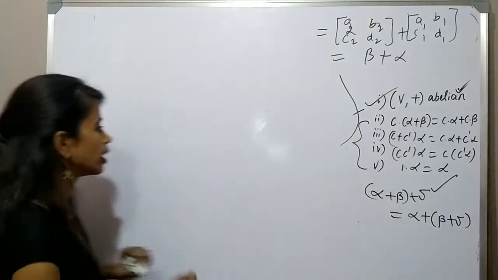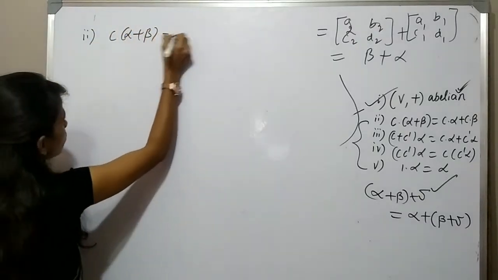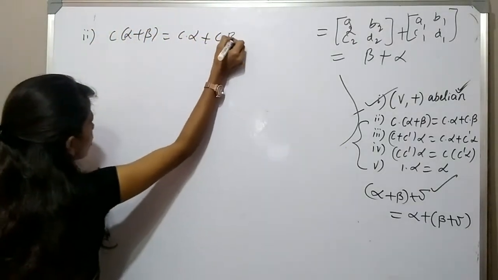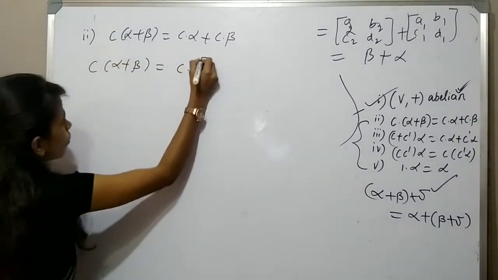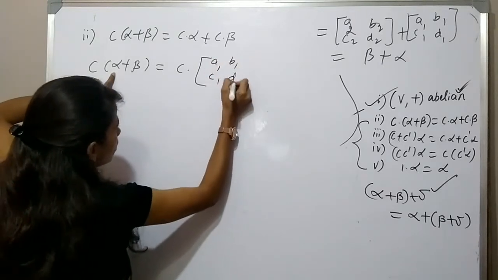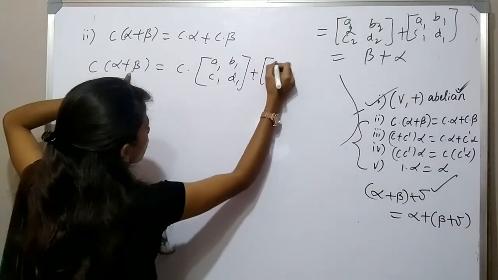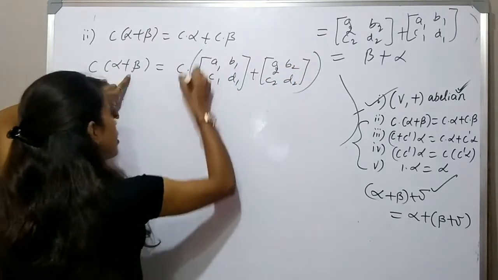Now, second condition, what is that? C into alpha plus beta is equal to C dot alpha plus C dot beta. For that, consider C dot alpha plus beta. So now, what is alpha? A1, B1, C1, D1. Next, what is beta? A2, B2, C2, D2. So write in the bracket.